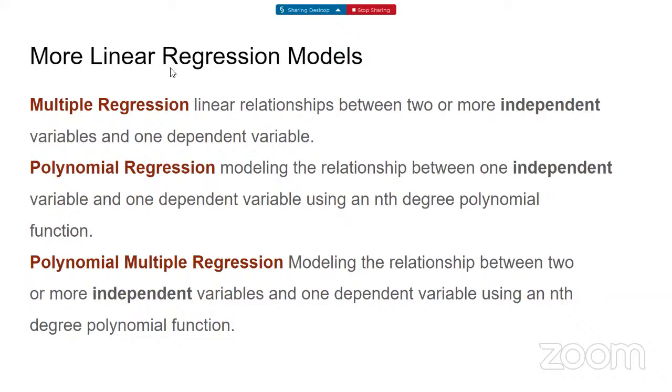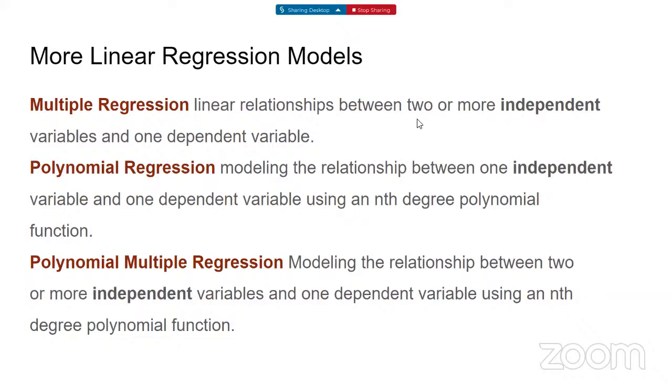So last time we did it just with one single variable, right? So this time we do multiple regression, which means the relationship between two or more independent variables and one target variable.